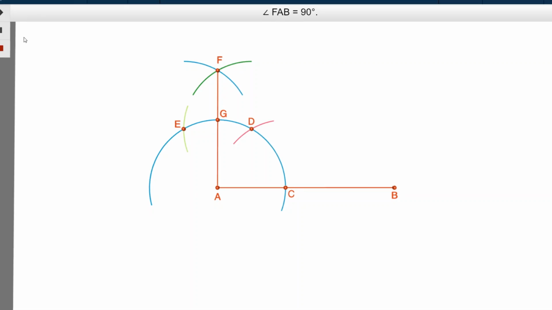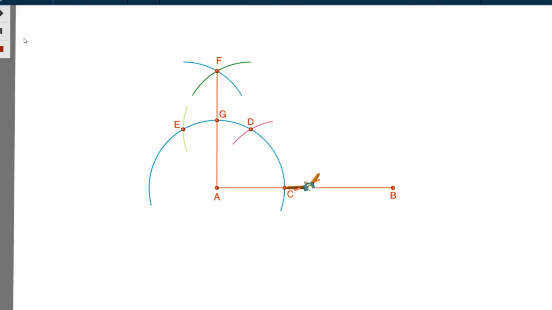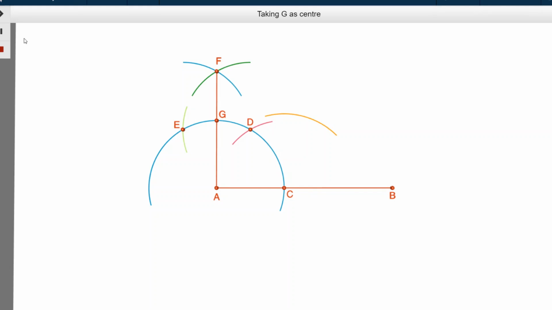Now for 45 degrees, we have to bisect FAB, or we can say we have to bisect arc GC. So with center C and any radius, draw an arc.